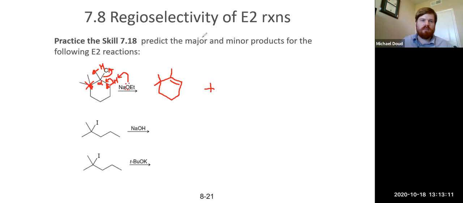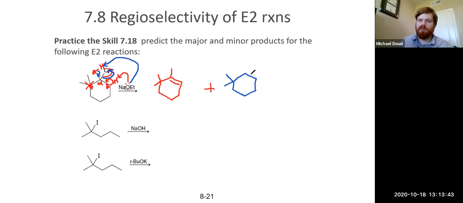And then for product number 2, I'm going to use a different color this time to hopefully make this clearer. I know it's difficult to see sometimes. So for this one, we're going to the other beta hydrogen, deprotonated up here. We form a new carbon-carbon pi bond between the alpha and beta carbons. And once again, the chlorine leaves as a chloride. So my other product is going to look like this. The methyl groups remain over here.